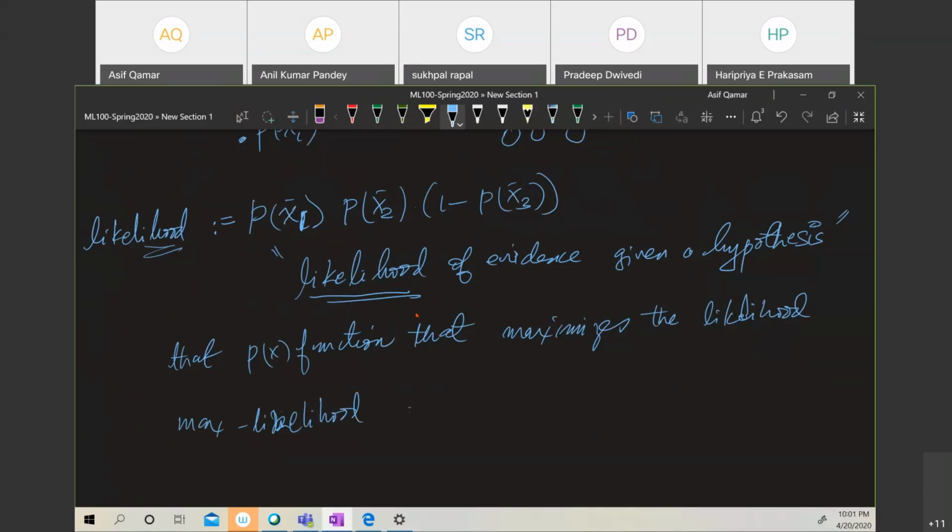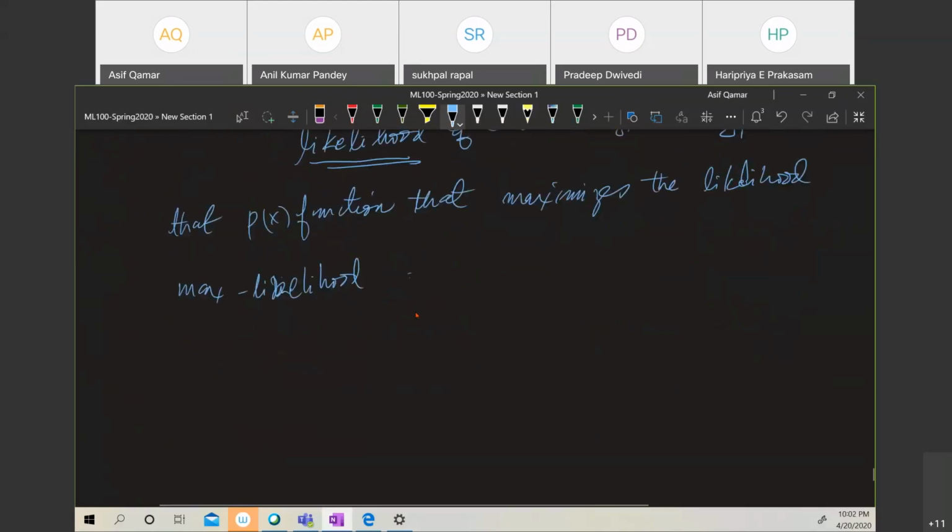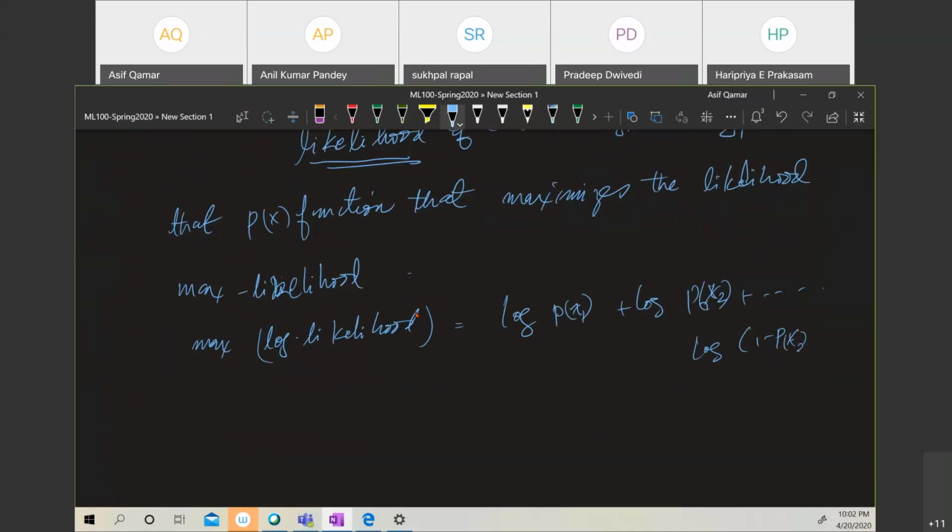You need to find a function, but it is a little bit hard to deal with products. So one of the things is max likelihood is the same as max log likelihood. If you take the log of it, it becomes more manageable. So then it will become log p(x1) plus log p(x2) plus, and so forth, then log 1 minus p(x3), like that.